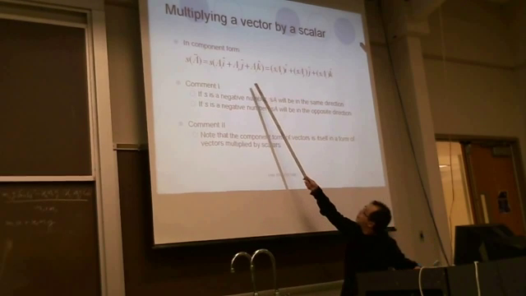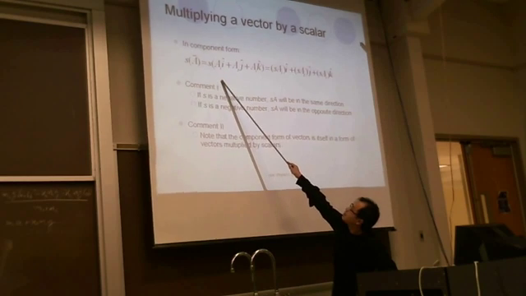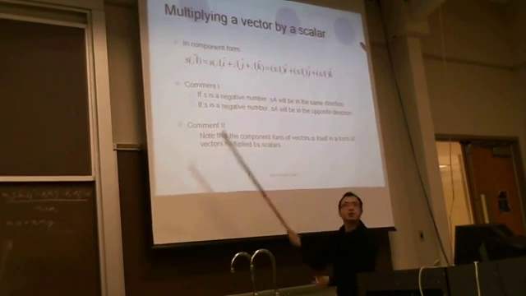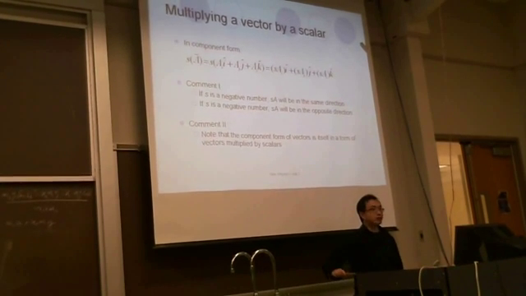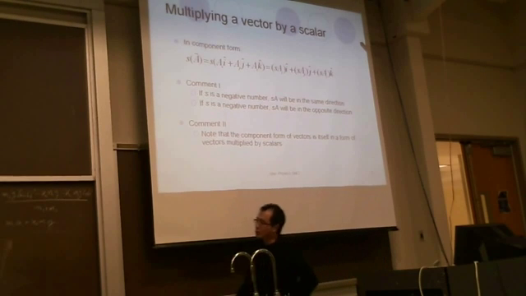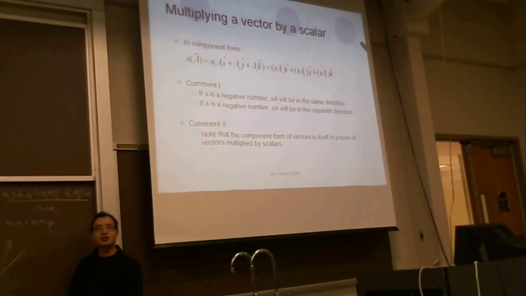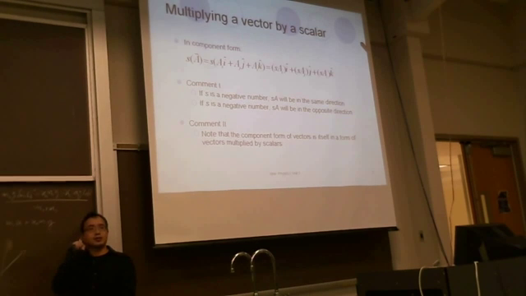Okay. So you can think about i cap multiplied by some scalar, j cap multiplied by a scalar, k cap multiplied by some scalar, and put them together and add them together. So that's a component form. In other words, any vector can be regarded as 3 vectors added together: a vector along x direction, a vector along y direction, a vector along z direction.